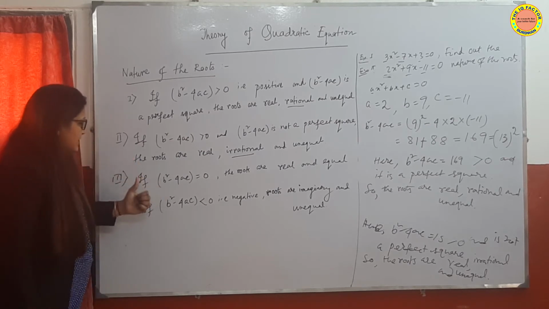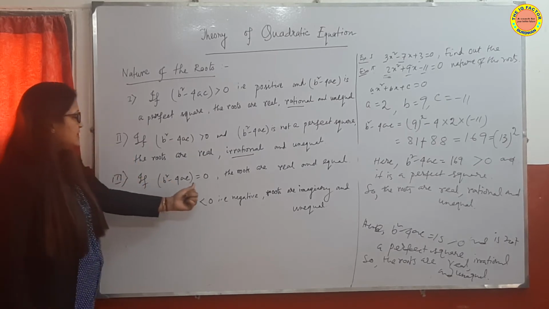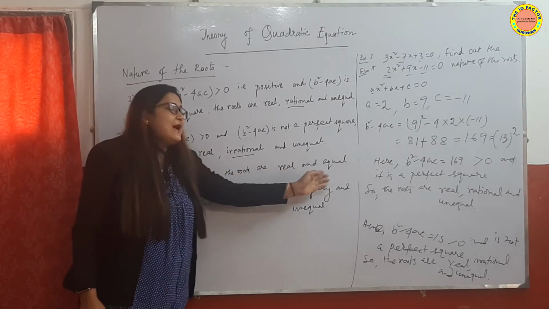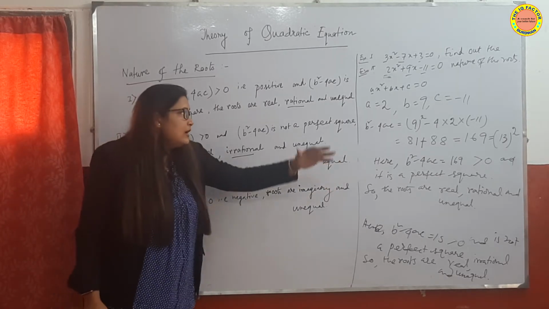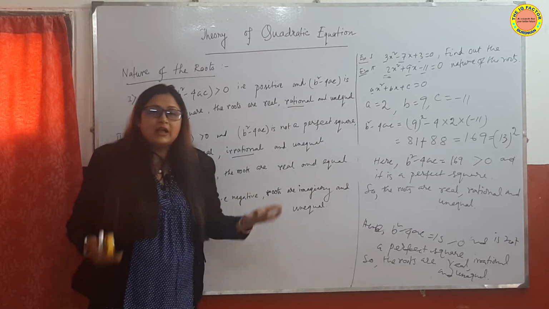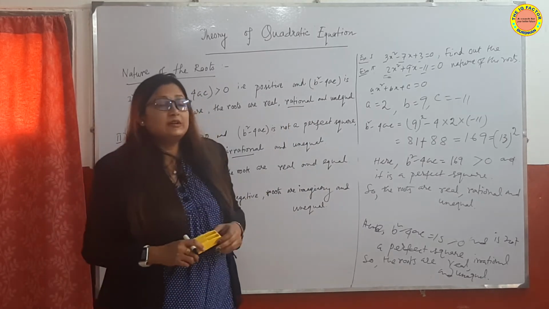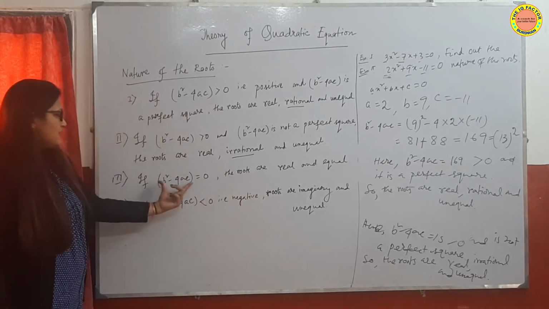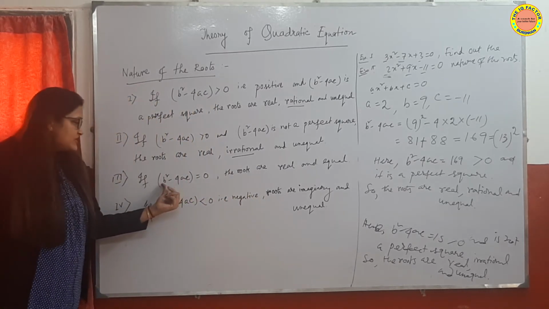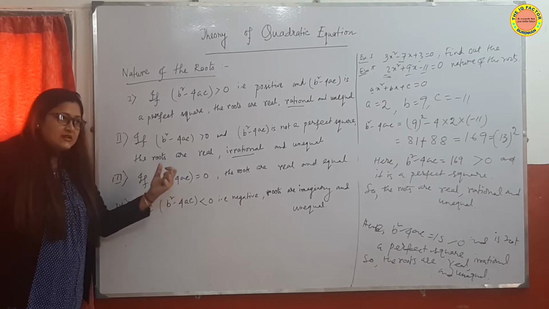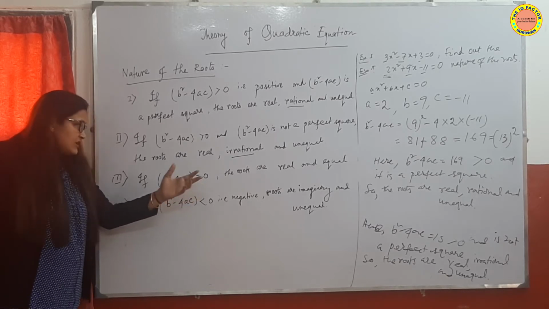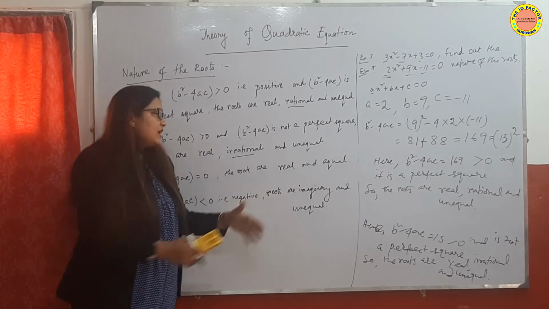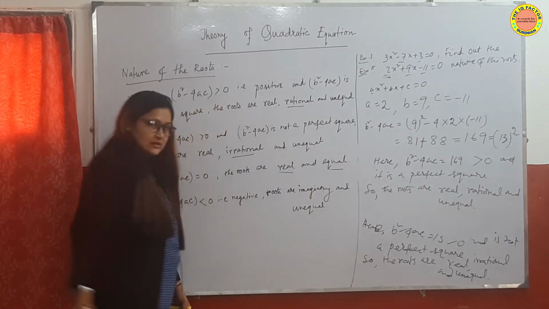And the third is, if b square minus 4ac is exactly equal to 0, the roots are real and equal. So, if any equation is given and you have to find out the nature of the roots, first we will calculate the discriminant b square minus 4ac. If it is exactly 0, then we will write the roots are real and equal.